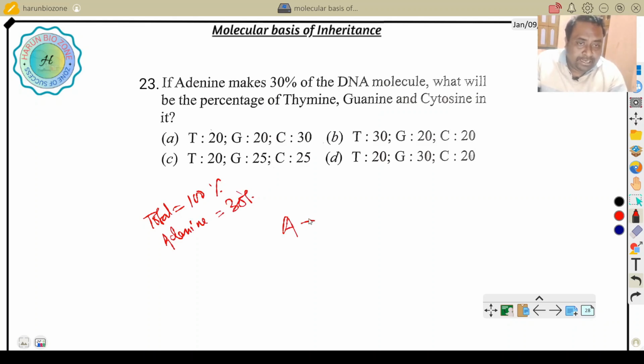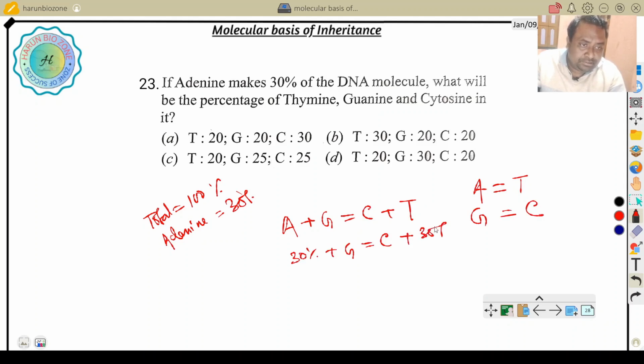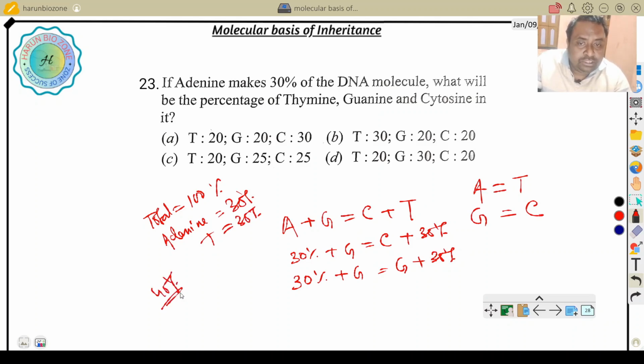According to Chargaff's rule, adenine equals thymine and guanine equals cytosine. So adenine is 30% and thymine is 30%. The remaining 40% is split, so guanine is 20% and cytosine is 20%. So B is the correct answer. Next question.